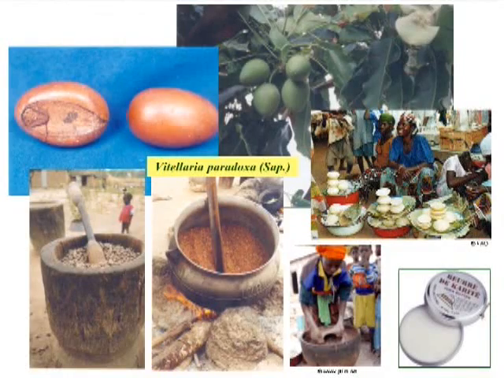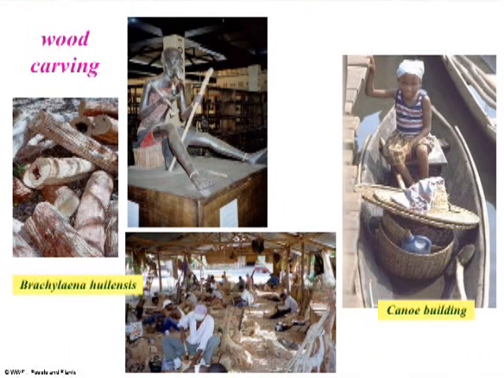Like here in Hawaii, people use the trunks of big trees and carve them to make the mast. Some specific species are good for this, like Vitellaria paradoxa, which is the shea tree, and Brachylaena huillensis, which is one of the most endangered plant species in Africa used in wood carving.